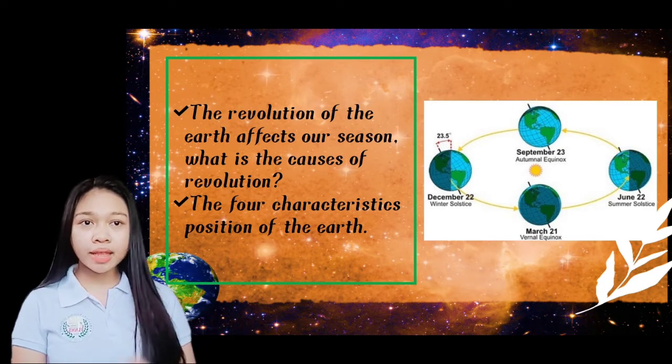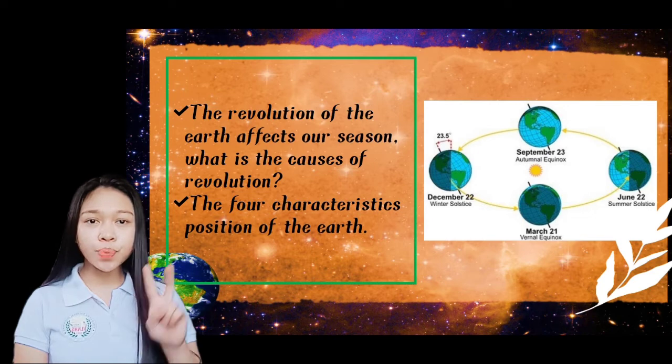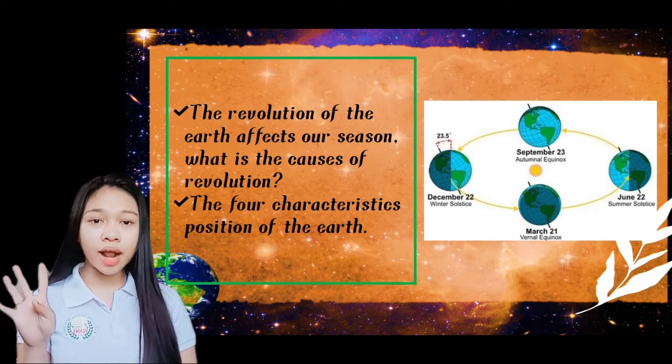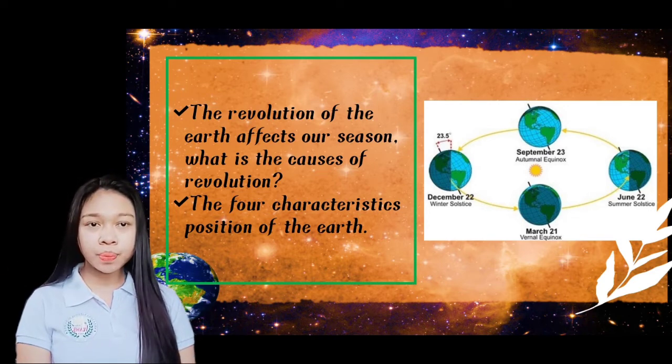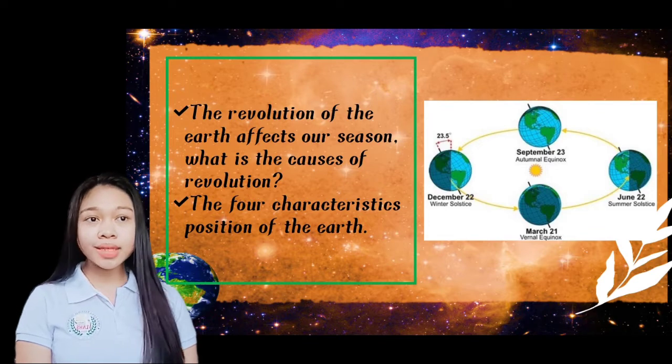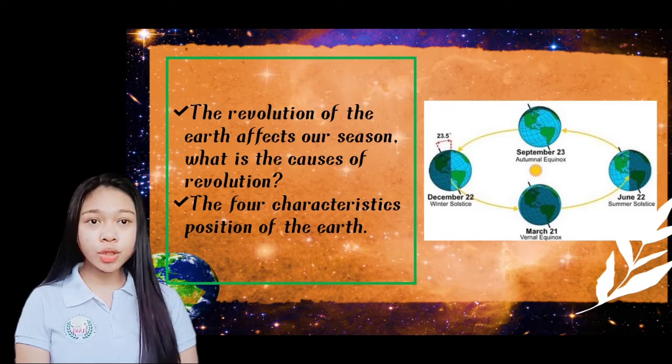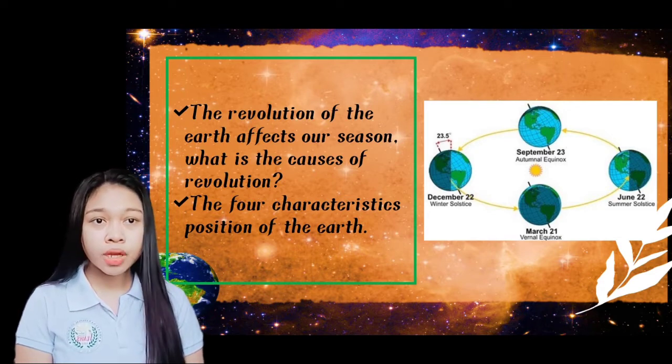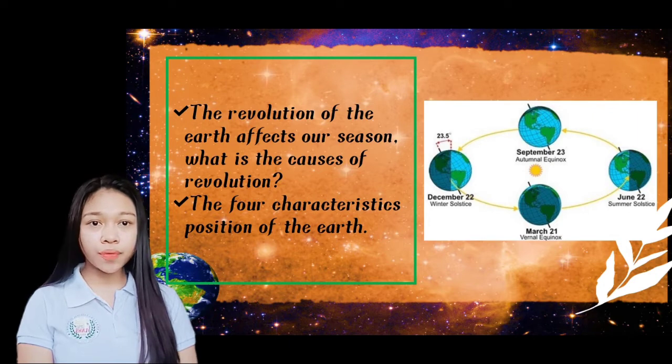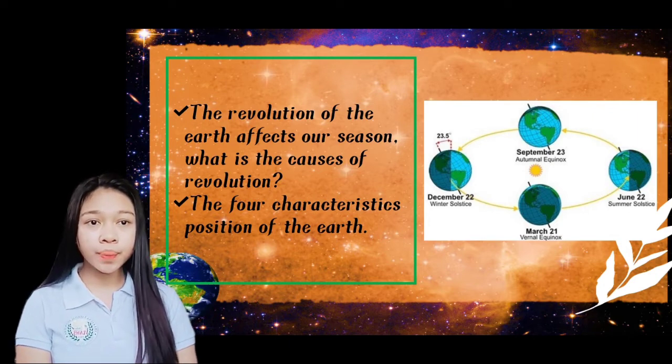But before that, we must know first the two positions and the four characteristics of the earth. The North Pole and the South Pole are the two spots on the Earth's surface where the rotating axis meets the surface. While the four characteristics of the Earth are winter, spring, summer, and autumn.